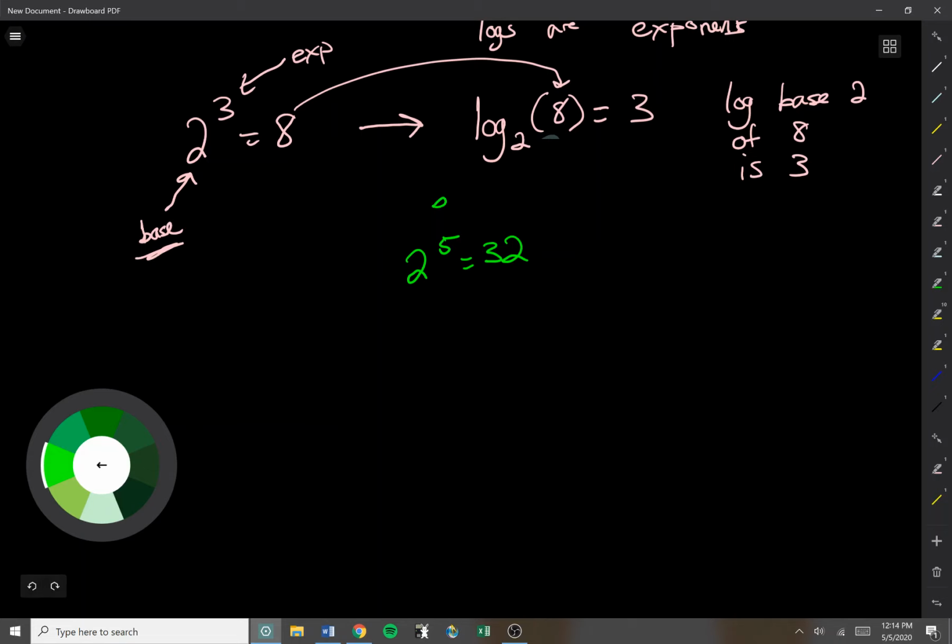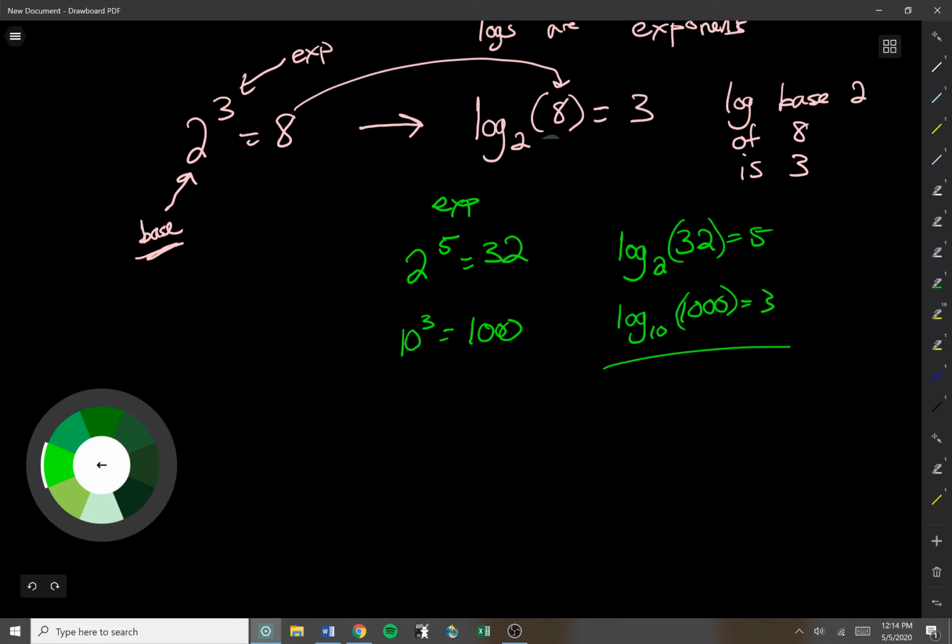That's exponent form. In log form, that would be log base 2 of 32 equals 5. 10 to the 3rd is 1,000. In log form, that would be log base 10 of 1,000 equals 3. Remember this one. We're going to come back to it.